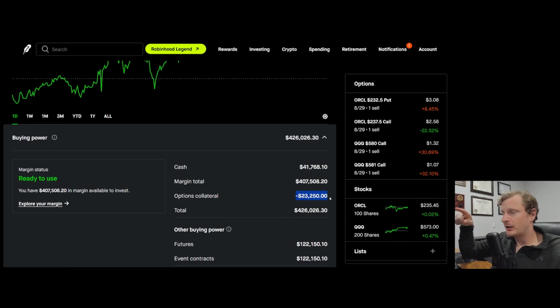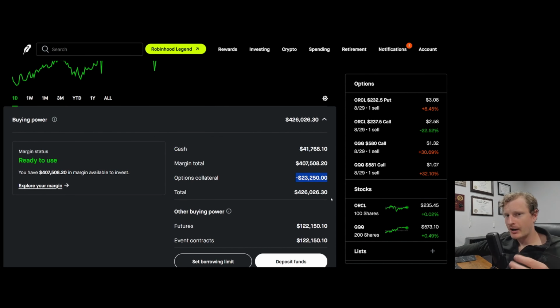But if you're using Robinhood margin to run some of your cash secured puts, you don't actually get charged interest. So, depending on if you choose your strike prices correctly, if your cash secured puts don't get assigned, you are able to generate income using Robinhood's money without having to actually incur costs and buy those shares.